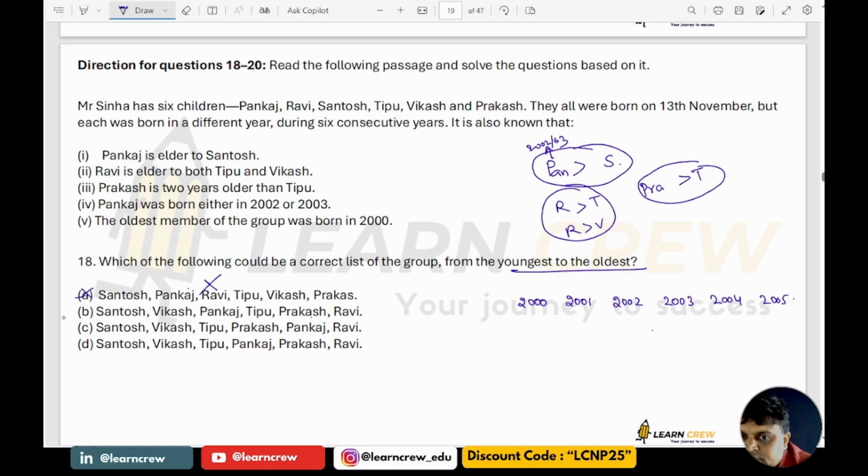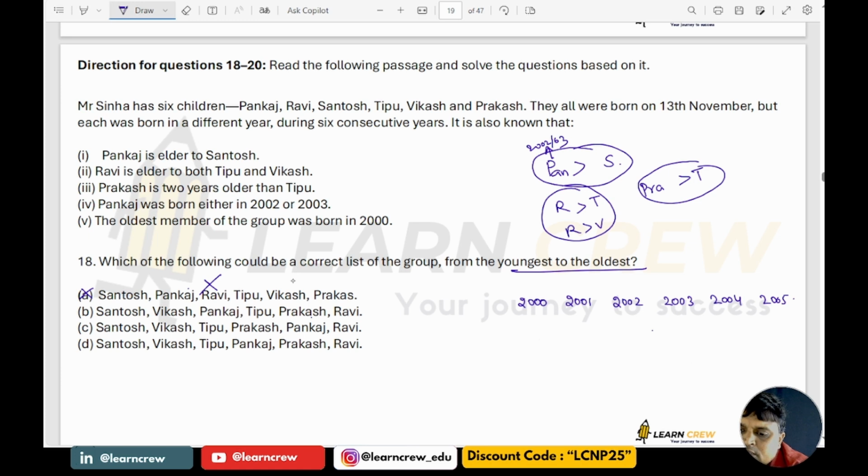So the first one is wrong. We can eliminate the first one without making the arrangement in a chart format, because making a chart is very complicated for this one. That's why I am trying to use the information and the options. That's why I am eliminating option 1.